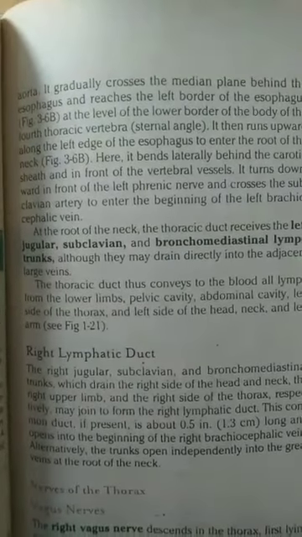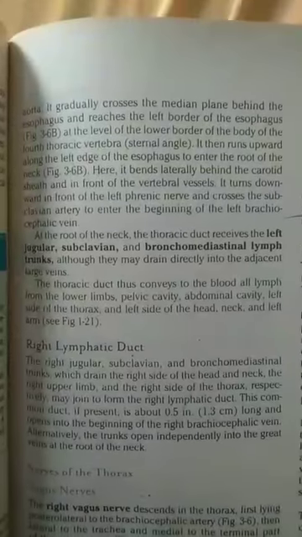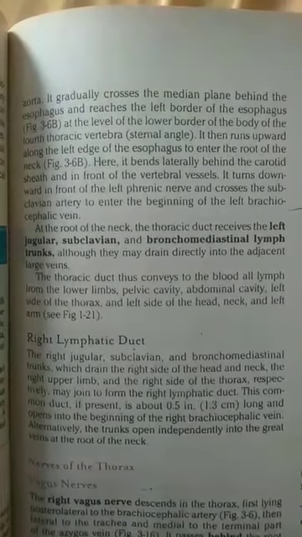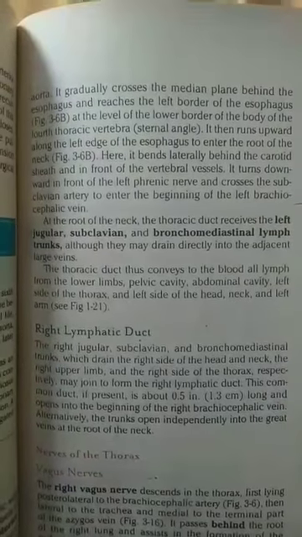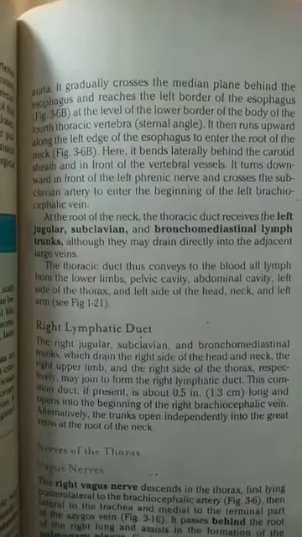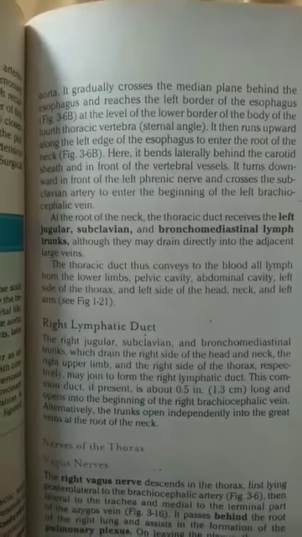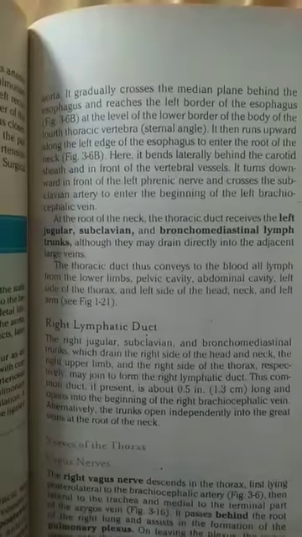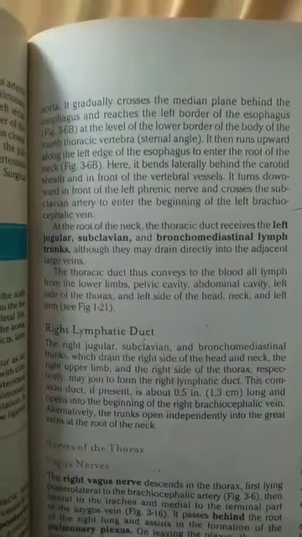It gradually crosses the median plane behind the esophagus and reaches the left border of the esophagus. At the level of the lower border of the body of the fourth thoracic vertebra, it then runs upward along the left edge of the esophagus to enter the root of the neck.